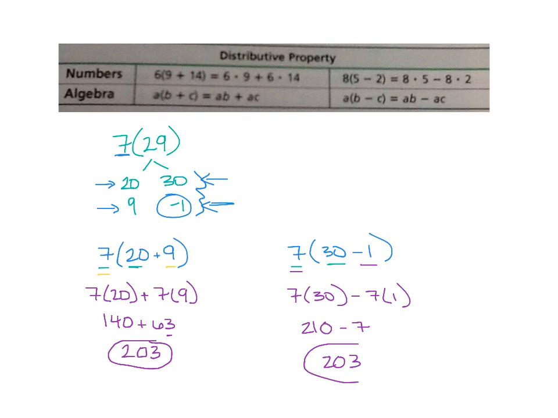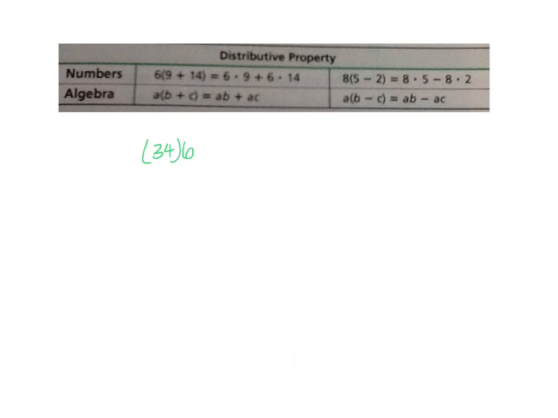So that makes it a lot easier. Notice how we got the same exact answers, whether we broke it down from 20 or broke it down from 30. I'm going to do one more distributive property just for those who want another example.